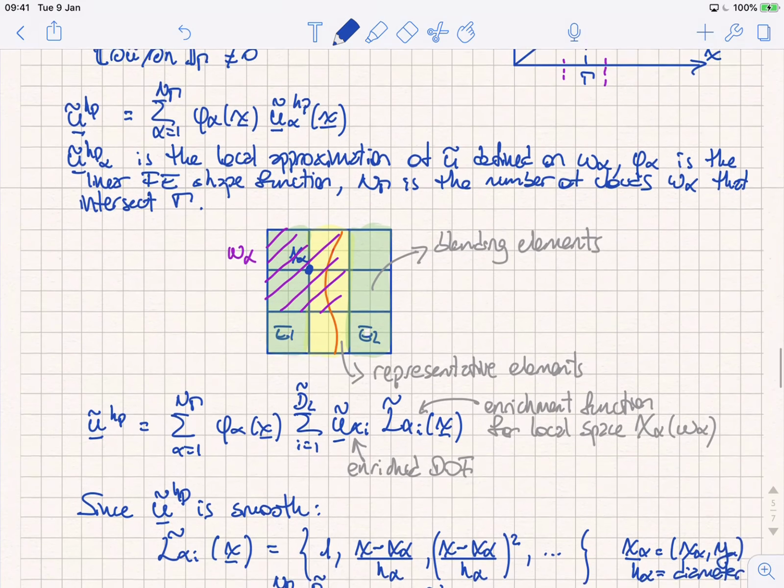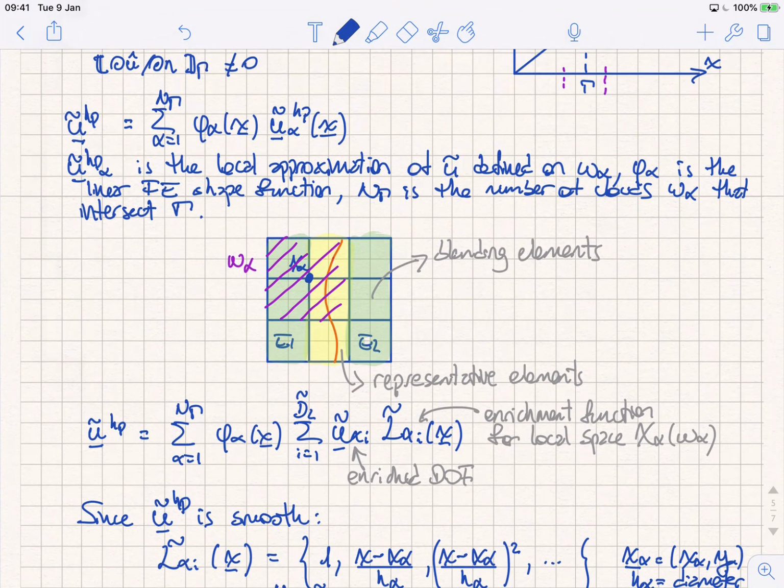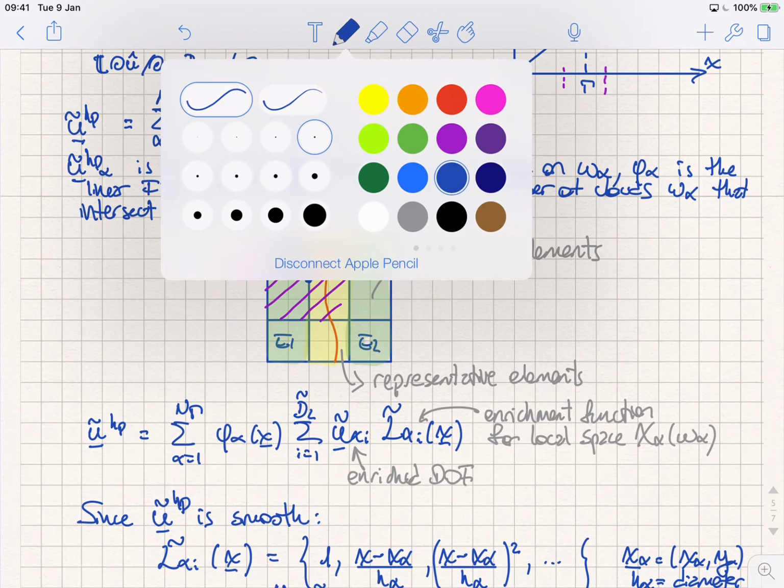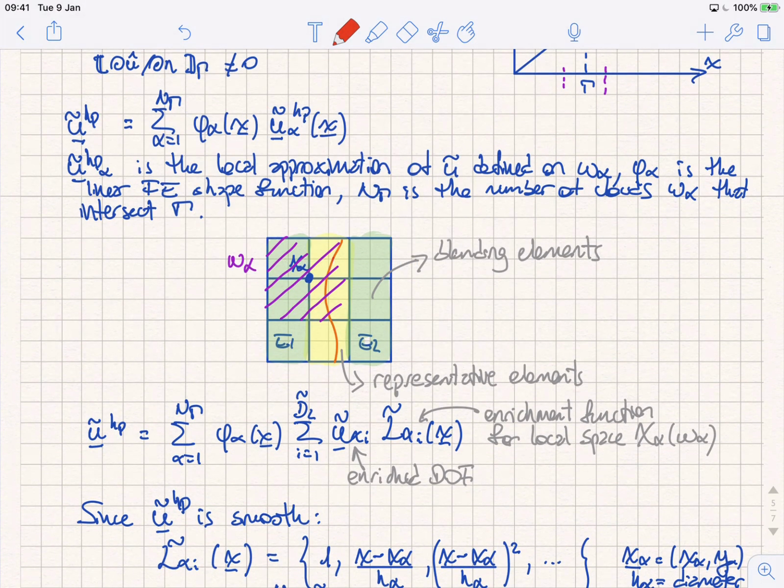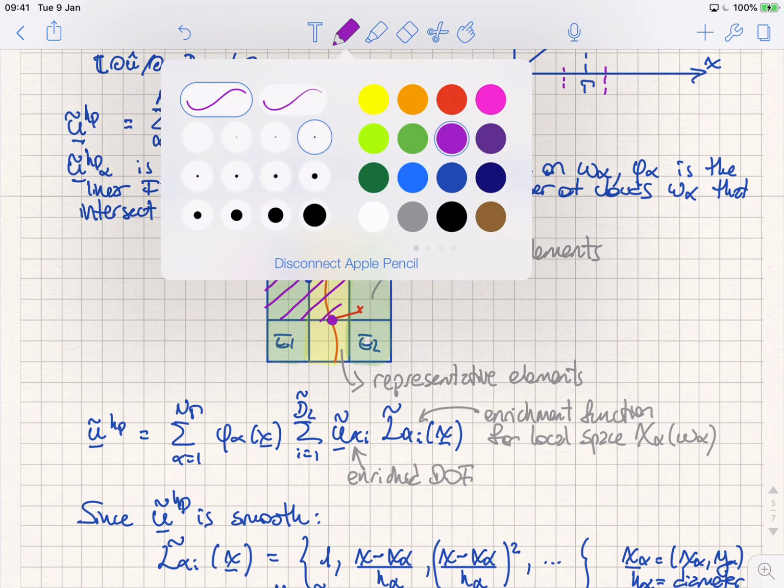So let's see how that looks. If we look at our problem, let's say I am evaluating, this is my Gauss point right there. So what you want to do is to compute that distance, right, to the discontinuity, and then I'm going to have a point right here that I'm going to call x min.